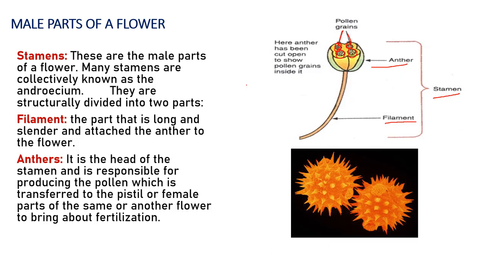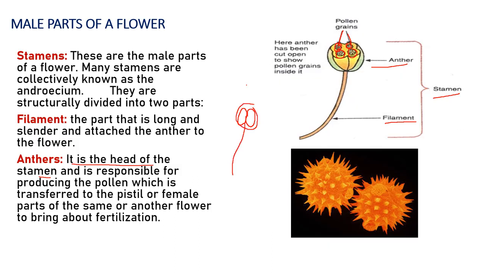Now the filament is the long part, a long cylinder attached to the anther. This is the filament. Anther, I have already discussed, is the head of the stamen. It looks like two lobes. This is the anther.